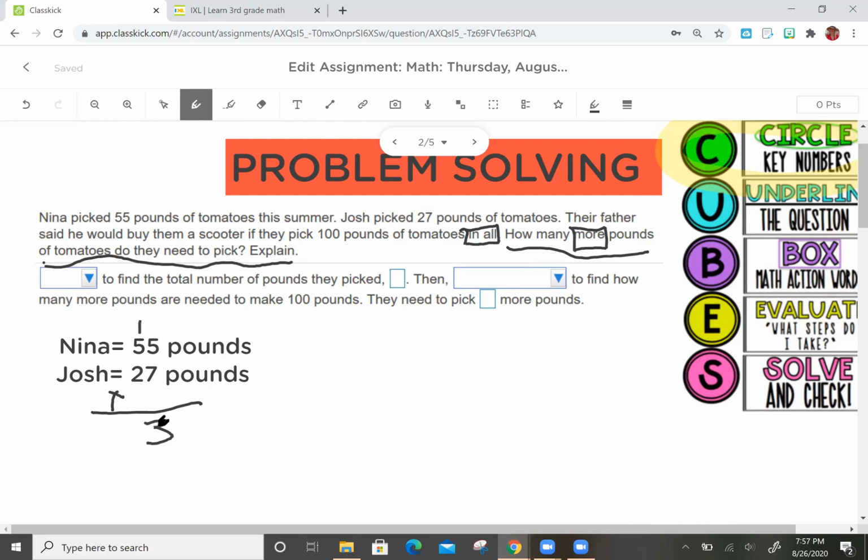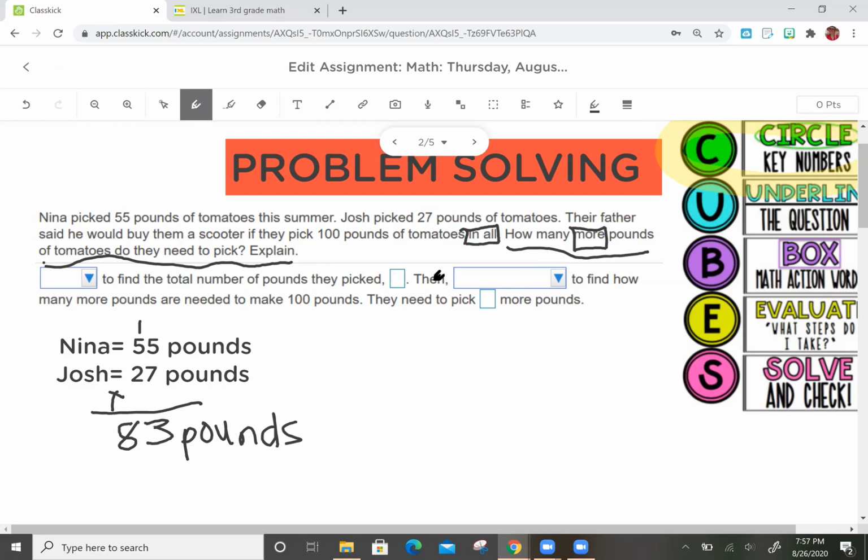Carry the 1. 1 plus 5 is 6. And 6 plus 2 is 8. You have 82 pounds of tomatoes. So together, they picked 82 pounds.